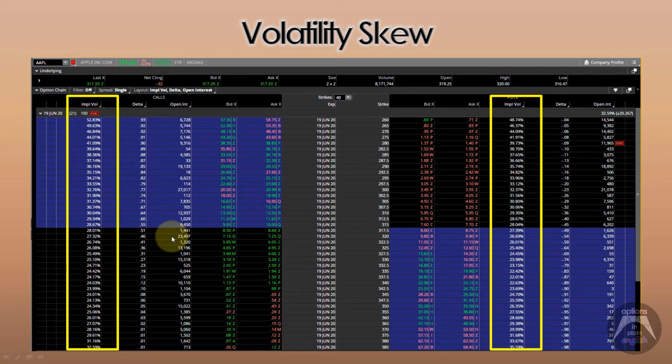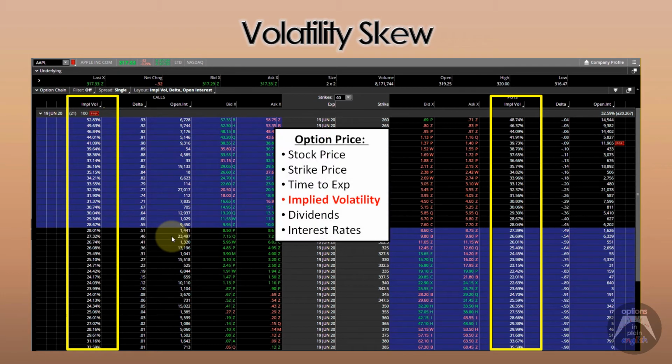Now, every option price is determined by several factors. For example, stock price, strike price, time to expiration, implied volatility, dividends, interest rates, and cost of carry in general. Now, we can notice here that if you have an option price, you can determine that option's implied volatility.